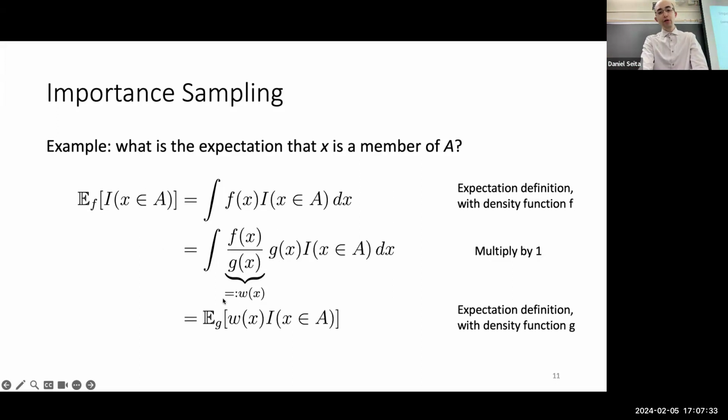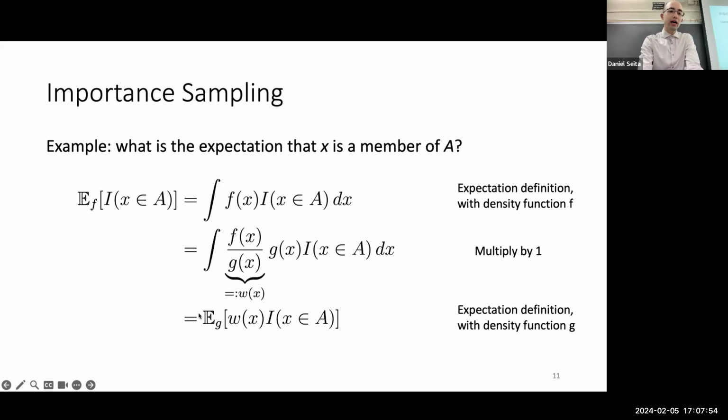And then by doing this derivation, you get the expectation with respect to some density function g. So g is the thing that becomes our density now. So this is a weighting term that you stick in here.